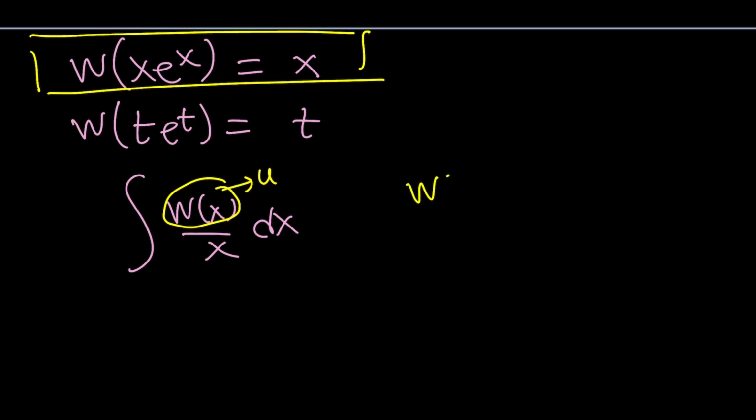So w of x equals u, and this implies, think about the input in this case: what can I input to get u at the end? From here you're going to get x equals u e to the u. That's the definition, right? If you input that as x, you're going to get u at the end. Under certain conditions, of course. So that's my x. By replacing w of x with u, I got the x.